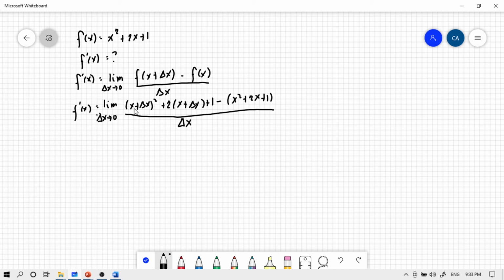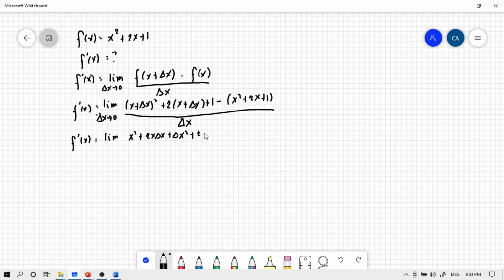Simplify natin. So, expand natin ito. So, we have f prime of x equals the limit of, expand natin ang term na to. So, we have x squared plus 2x delta x plus delta x squared. Then, expand ulit natin to.